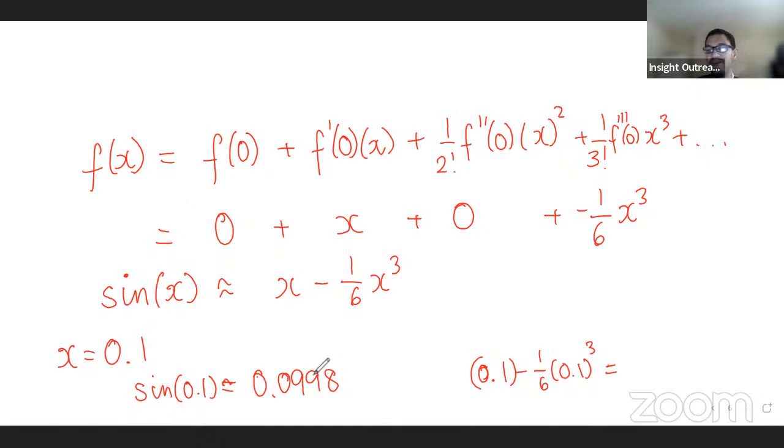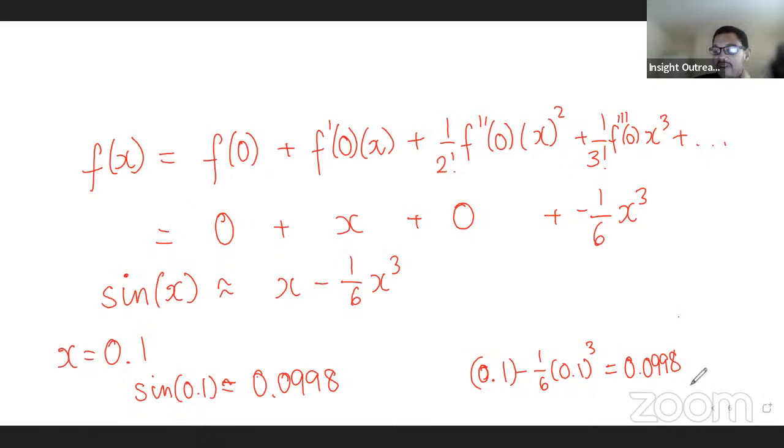So 0.1 minus a sixth of 0.1 cubed. Yeah, so you also get about 0.0998. Okay, thanks for that. So you can see they approximate it pretty well.